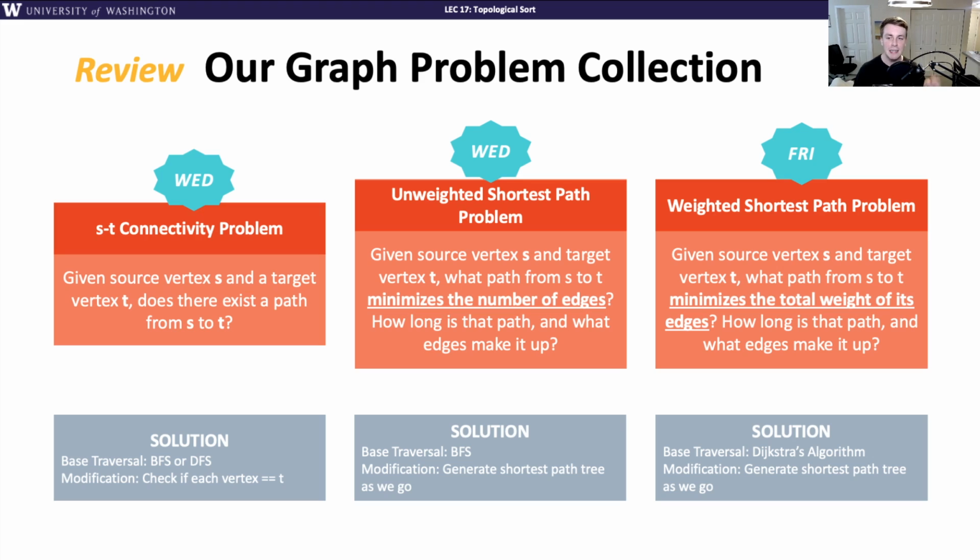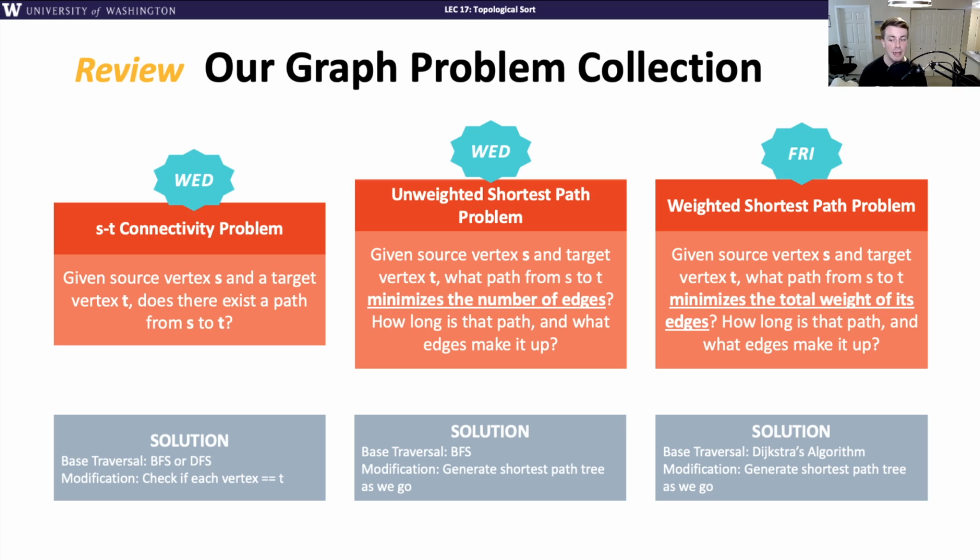So from what we've seen so far, we've talked about a bunch of graph problems. And in some sense, a problem is a very abstract notion of a question you might ask, and you might devise an algorithm to come up with a way of solving a particular problem.